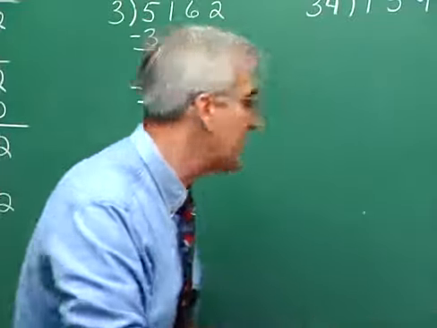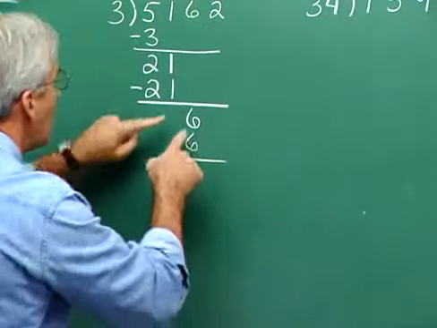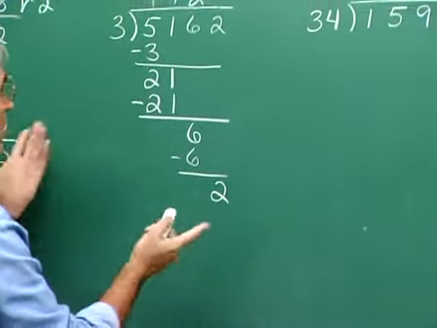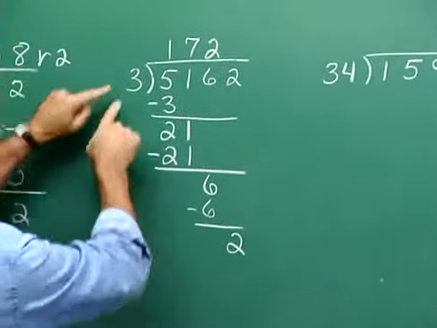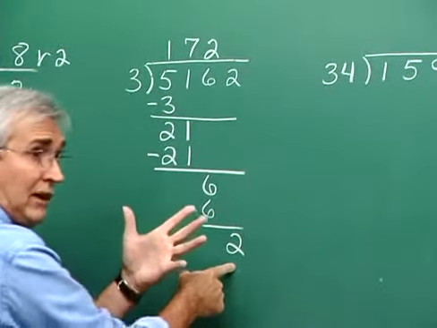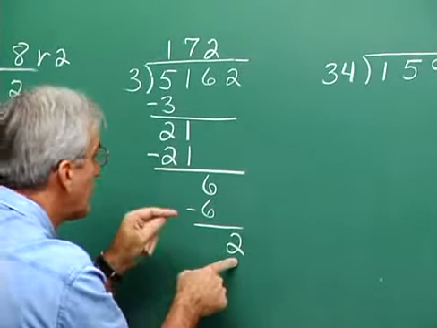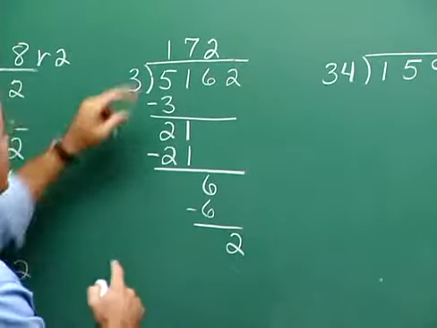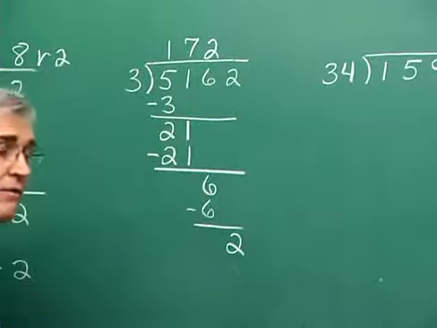And that seems to be the case right here. You see, we subtract here, we get 0, we bring down the next digit, a 2. Now we're finished bringing down digits. We divide 3 into 2. It won't go. The remainder, it looks like a remainder, is smaller than the divisor, so it looks like that's the remainder in the problem, and we have 172 with a remainder of 2.